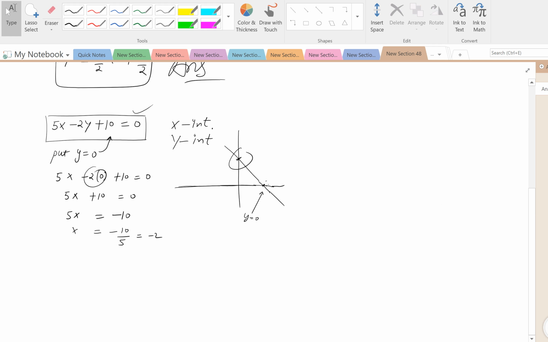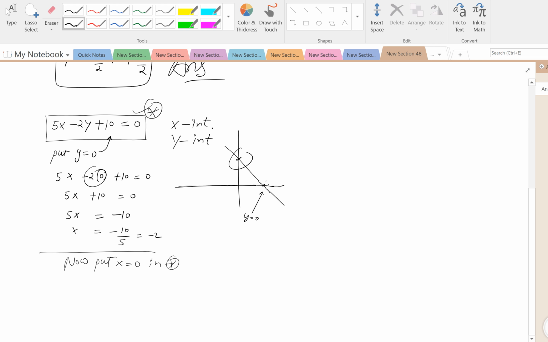Let me zoom in so that I can write it there. So now I put x equals 0. Let me call it star.